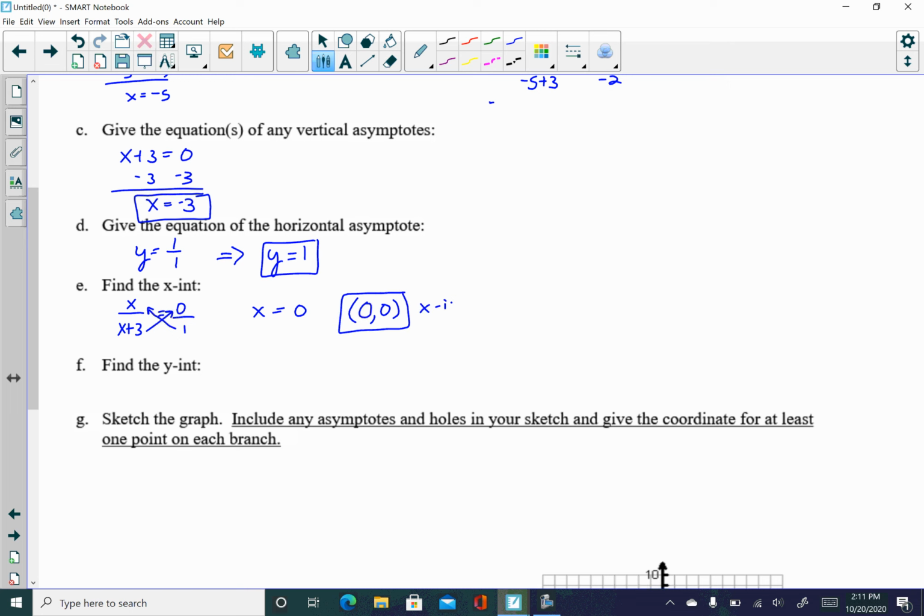To find your y-intercept, you can again use your reduced function, plug 0 in for x, and solve for y. I have 0 over 0 plus 3. 0 divided by anything is still 0. Just so you hopefully are putting this together, anytime 0, 0 is an x-intercept, it will automatically be your y-intercept.